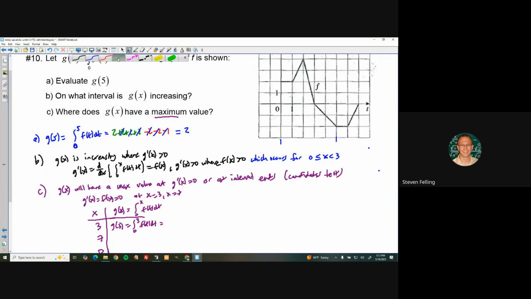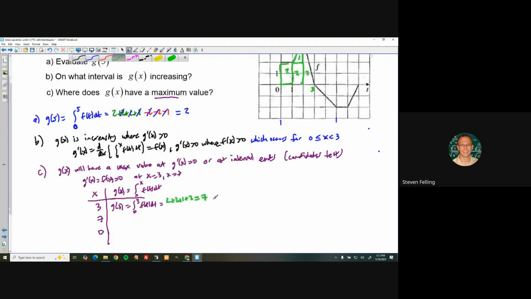We've got some positive areas here. This is a positive 2 area here. This is a positive 2 area. This is 3 over here. This is a positive 1 area, and this is a positive 2 area here, because it's half of 4. So this would just be equal to 2 plus 2 plus 1 plus 2, which is 6 plus 1 is 7. Okay, so that is g of 3.